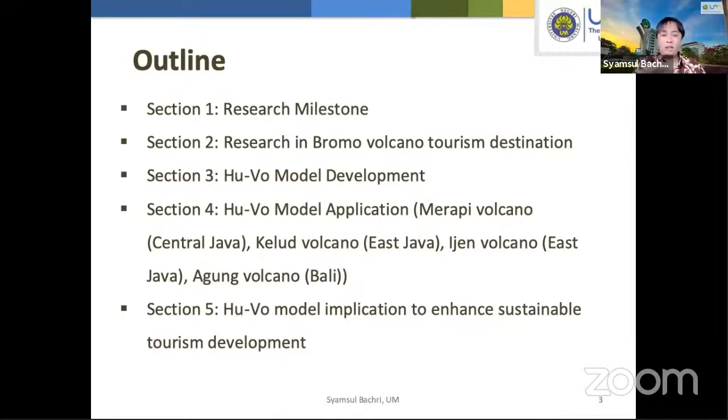All these places are really famous tourism destinations in Indonesia. You know Merapi, Kelud, Ijen, and of course Bali. Agung volcano is really beautiful. You should visit there. And Section 5 is UFO model implications to enhance sustainable tourism development.